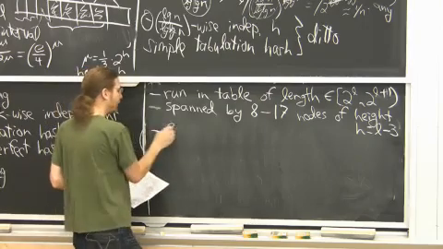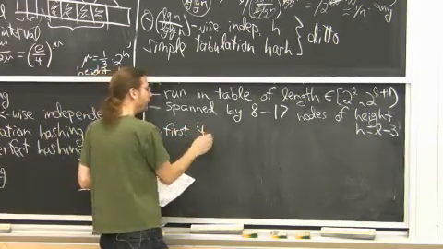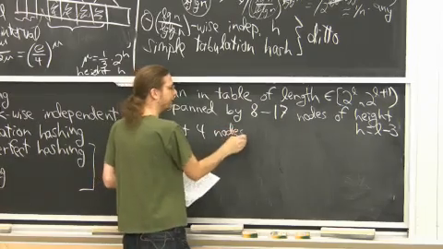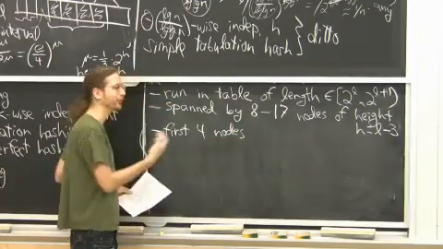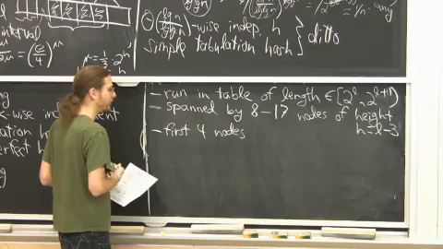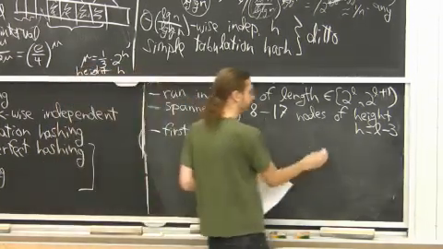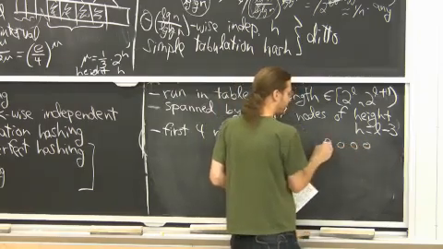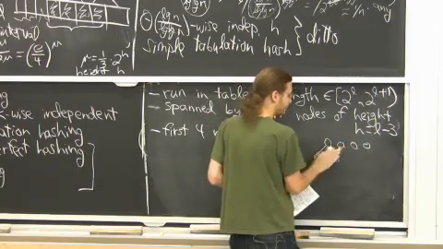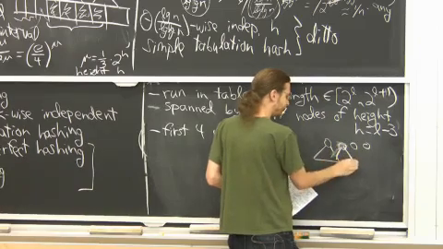Now, I want to look at the first 4 nodes of these 8 to 17 nodes. First meaning leftmost, earliest in the run. So there's some 4 nodes. Each of them spans some, I should draw these properly.